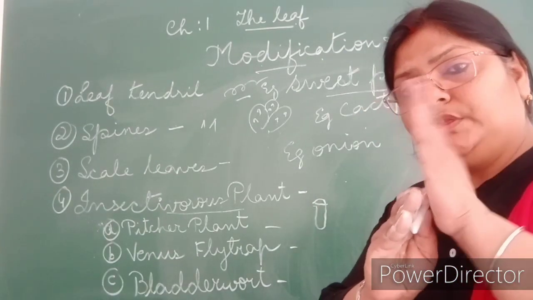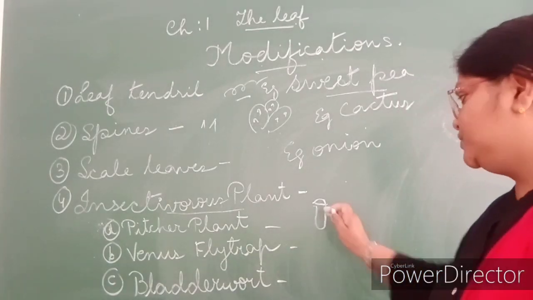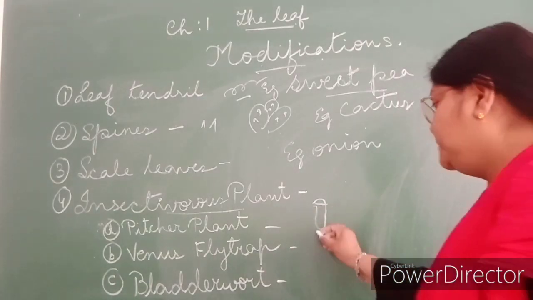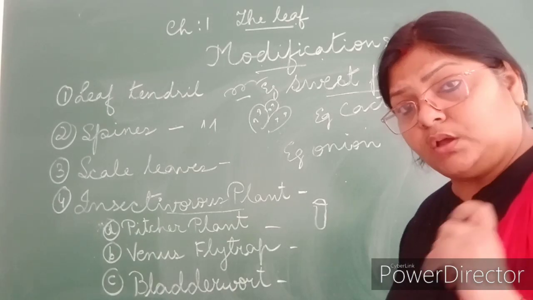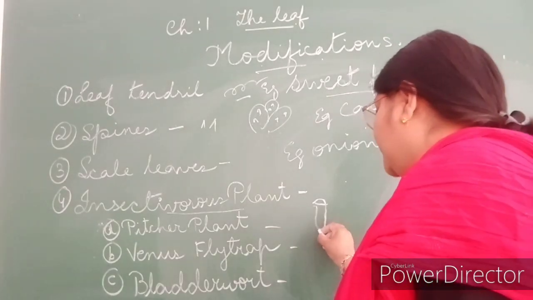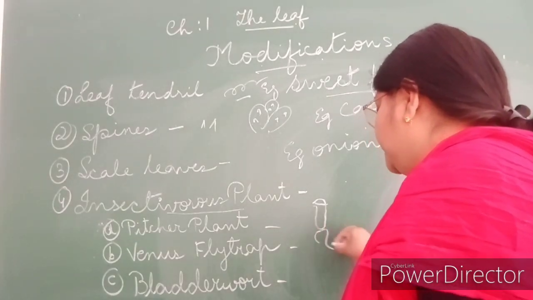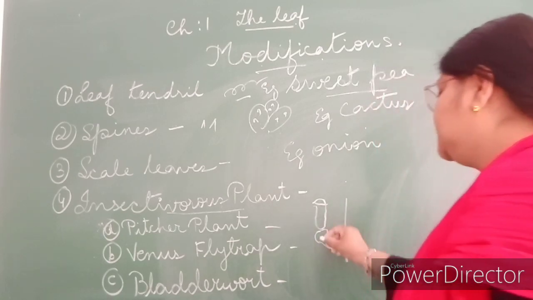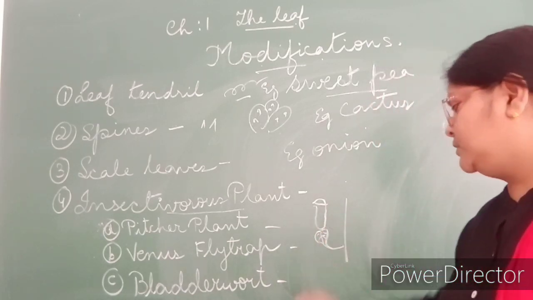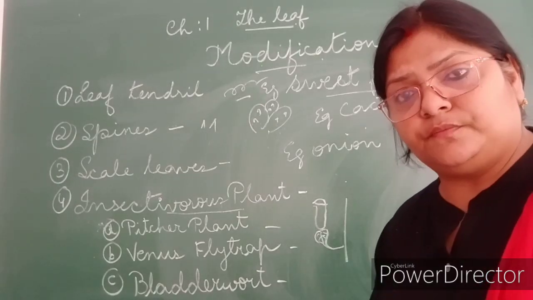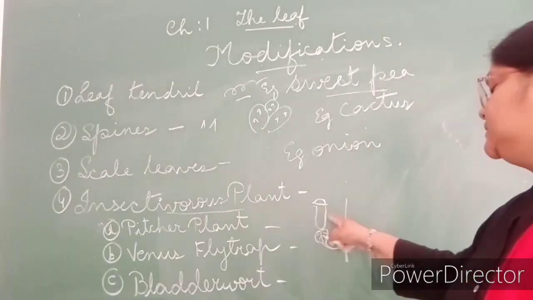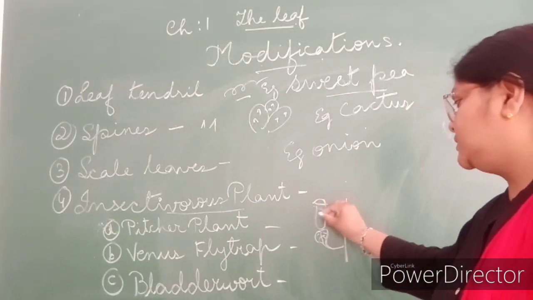So the pitcher with a lid. The lid is actually the apex of the leaf. The petiole, that is the leaf stalk, is modified into a leafy structure which does the work of the leaf. Okay, so that is seen in a pitcher plant.